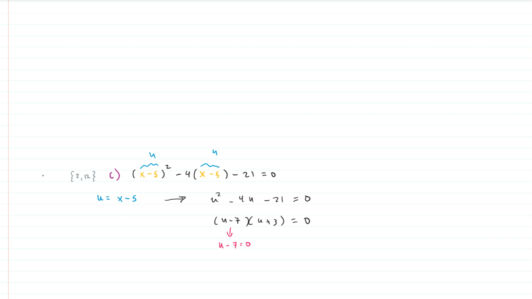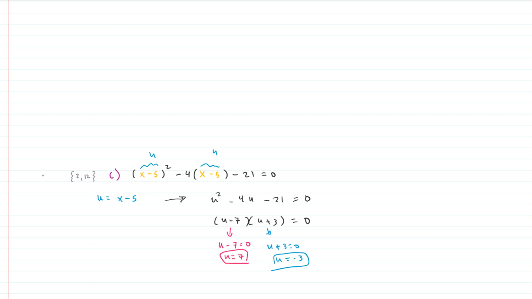We take the 7 to the other side, and we get u equals 7. There's one. And it's kind of hard to choose a color, right? There's so many options. u plus 3 equals 0. And we take the 3 to the other side, and we get u equals negative 3.